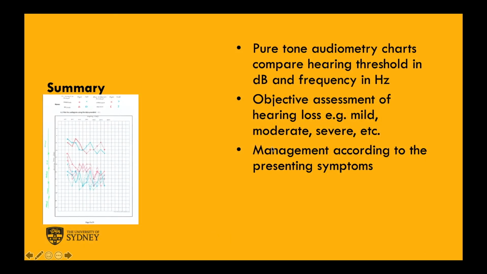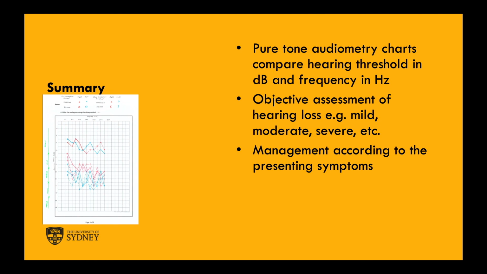In summary, we'd like to emphasize the value of pure tone audiometry as an objective test for assessing hearing loss, but as mentioned, it has limitations that we should be wary of, such as that it cannot localize sound and it cannot tell the hearing loss between specified frequencies.